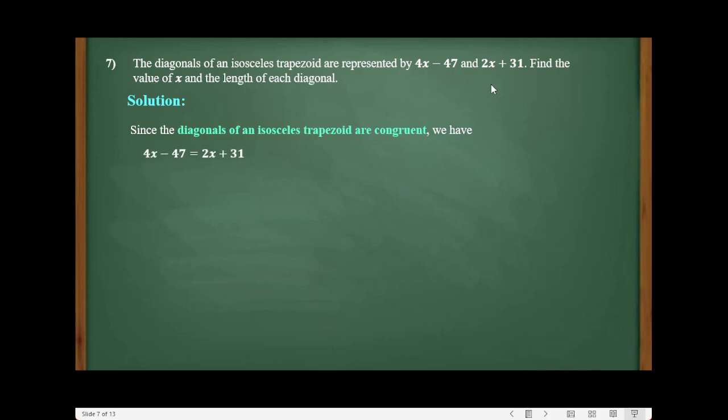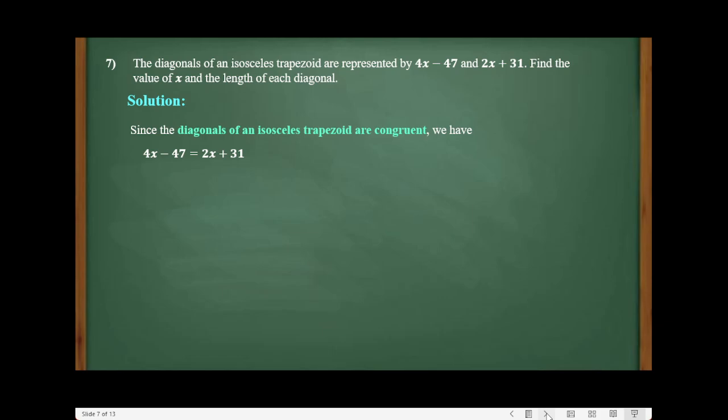we equate these two expressions since these are the lengths of the two diagonals of an isosceles trapezoid, meaning their measures are equal. So 4x minus 47 is equal to 2x plus 31.